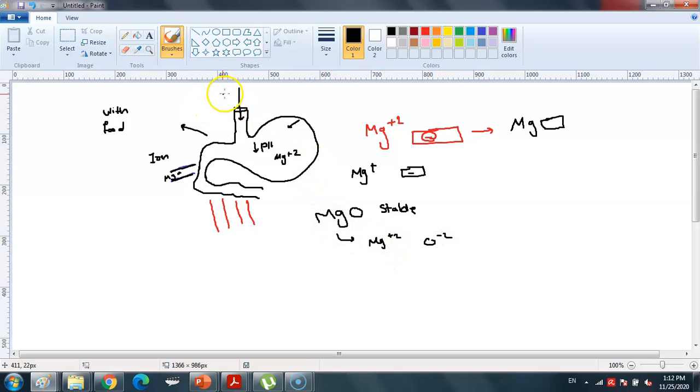Therefore, when we take magnesium oxide, the absorption rate is very low, so most of the swallowed magnesium oxide will reach the intestine, and as it reaches this point, it will attract water. That's why one of the major adverse effects of magnesium oxide is diarrhea.